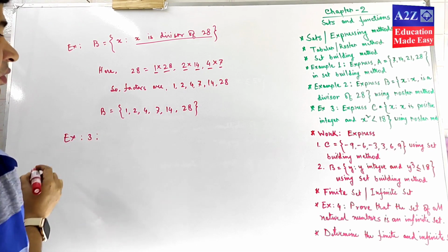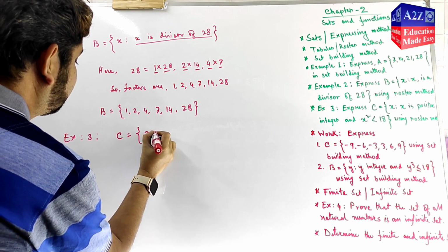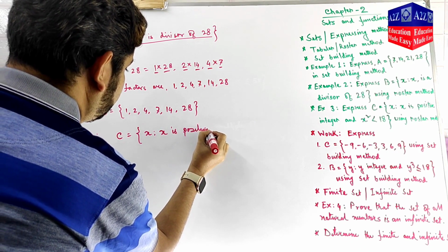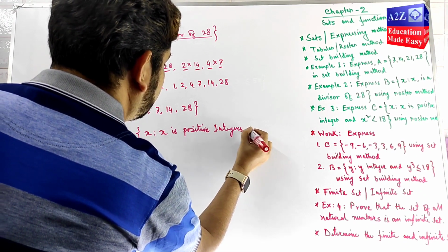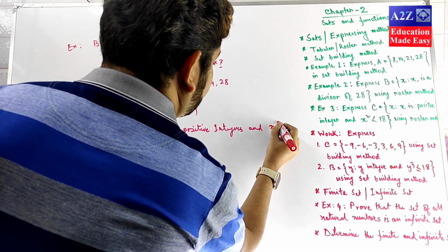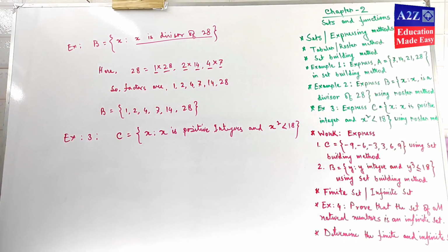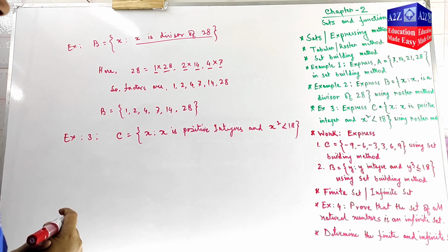Example 3: C is a set of elements x such that x is a positive integer and x square is less than 18. You will find here two common properties are given. The first property is x is a positive integer, and the second one is x square is less than 18.